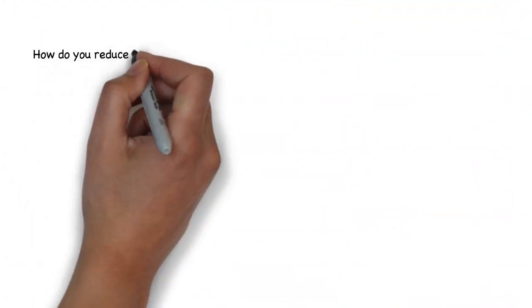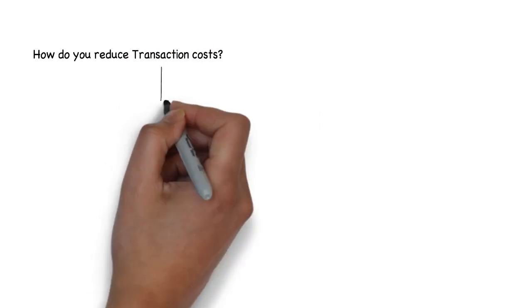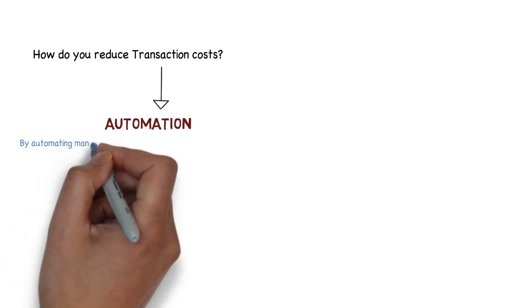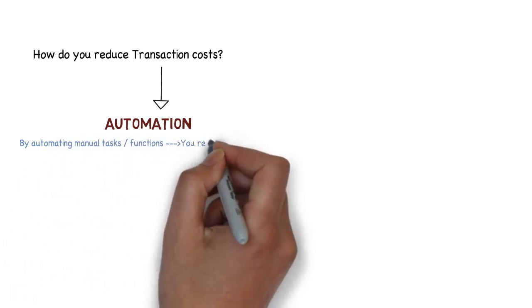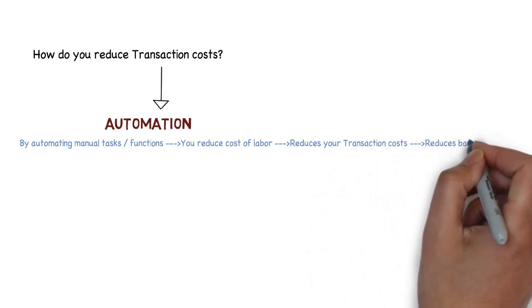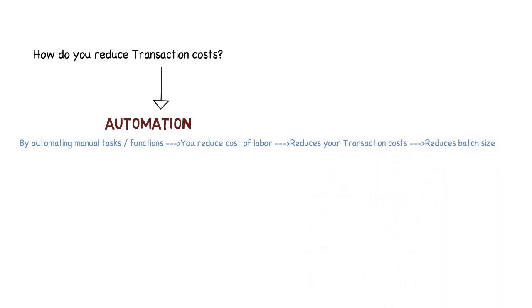But how do you reduce transaction costs? One way to do so is to use automation. By automating certain manual tasks and functions, you are able to reduce, even eliminate the cost of labor, and thereby able to reduce your transaction costs, which will then allow you to push or reduce your batch sizes lower.